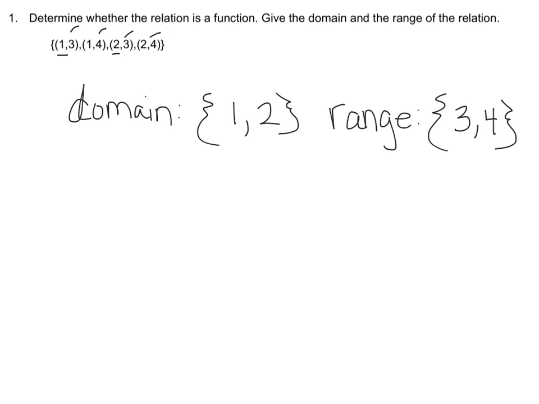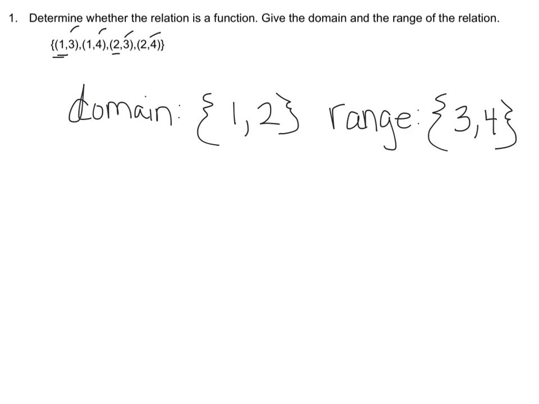Now we want to determine if this relation is a function. Now the definition of a function says that each member of the domain corresponds to exactly one member of the range. That means that no two ordered pairs of a function can have the same first component with different second components.